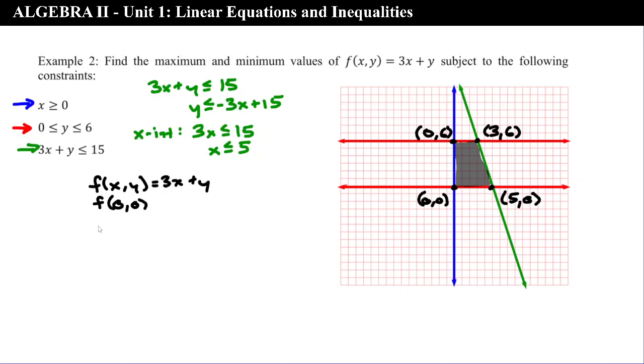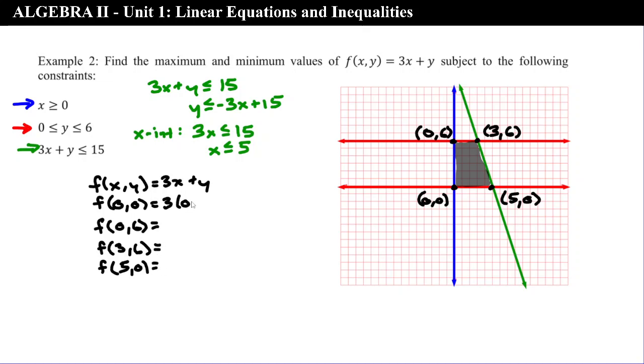We're going to have f of 0, 6. We're going to have f of 3, 6. And we're going to have f of 5, 0. And then all we have to do is plug in our x and y for each of these.